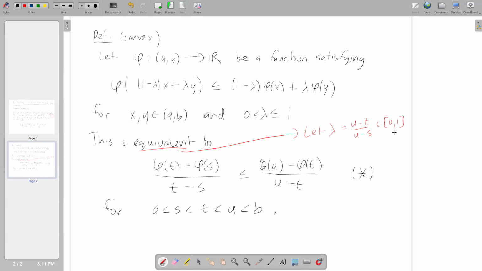So your u becomes your x and your s becomes your y, and then t stays t. And then we just apply this inequality with this value of lambda.